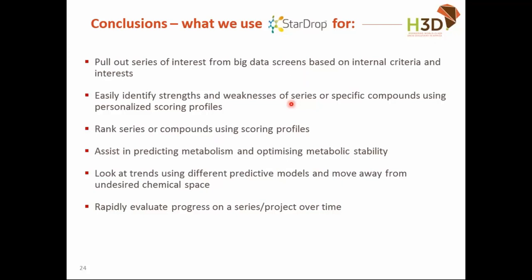Using the scoring profile is very useful to rank series and compounds at different stages of the drug discovery development. And then the metabolism predictions are pretty accurate, and it's very useful for our program. And also the way we can look at different trends and different correlations, we use it a lot for our programs here, so hopefully people can also use it. So that's about it for me. Thank you very much.